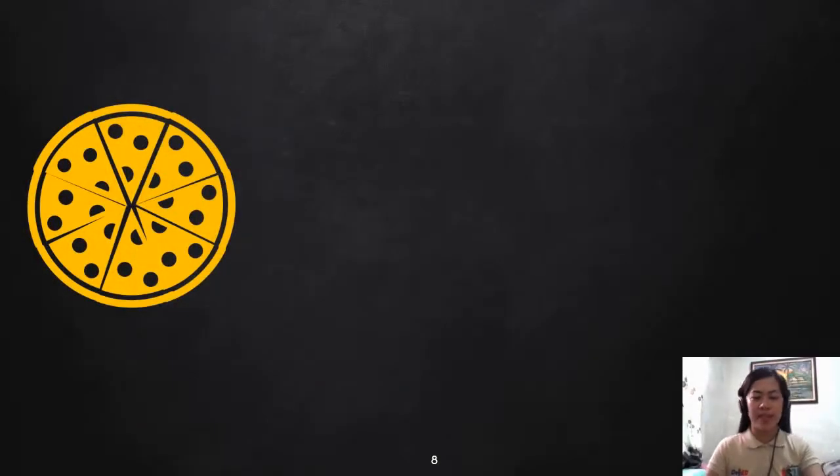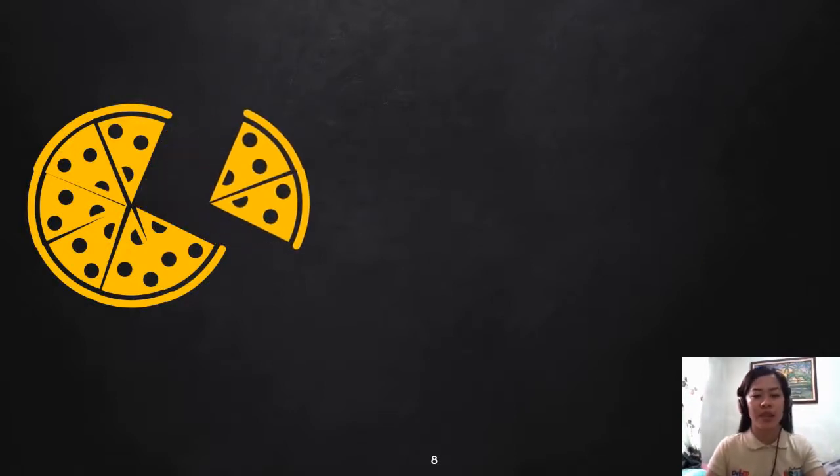Oh, it's the pizza again. And just like what I've said earlier, it is divided into 8 equal parts. For example, you share 2 slices of pizza with your housemates. Then the question is, how are you going to express that in fraction? So all you have to do is to identify how many parts were taken from the whole. In this case, we have 2.